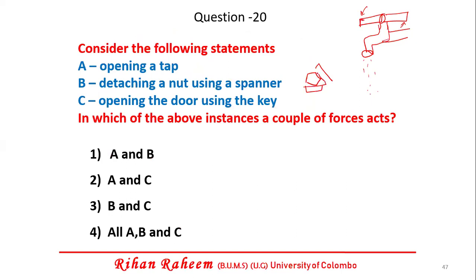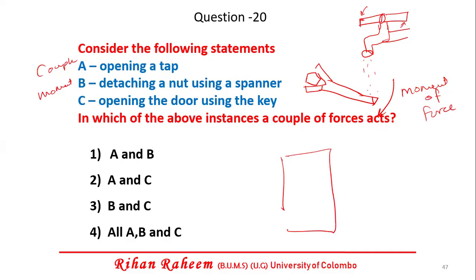By using a spanner, you're rotating and opening it. So this is moment of force. First one is couple of force. Second one is moment of force. See, opening the door using a key. Now, here you might get a confusion. Now, here more confusion. When I say opening the door, some students think pushing and opening. Pushing and opening comes under moment of force, no?